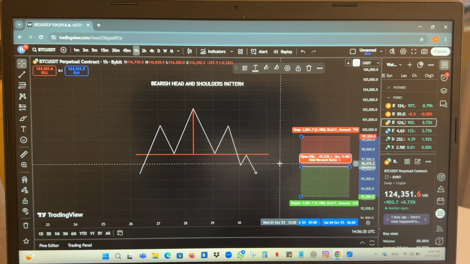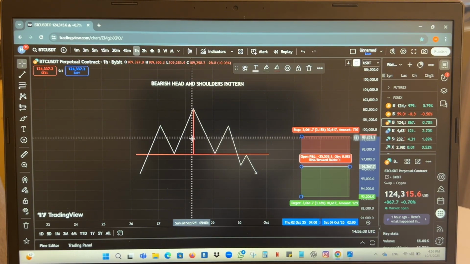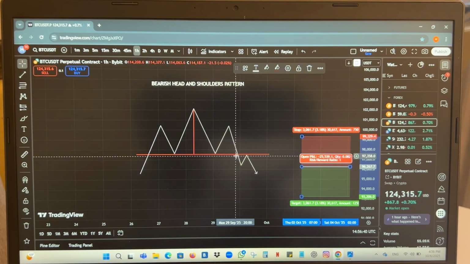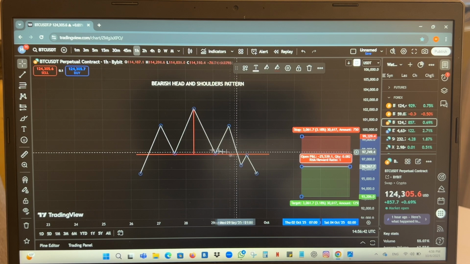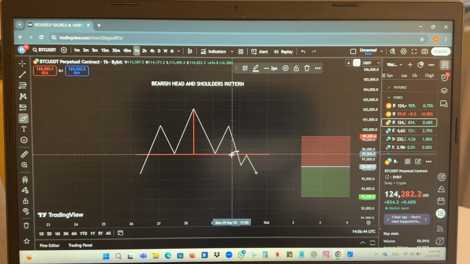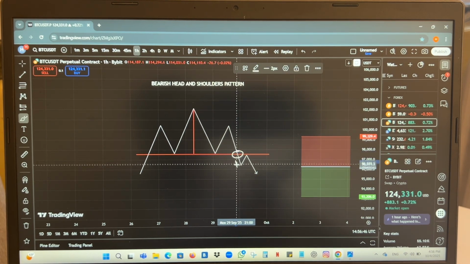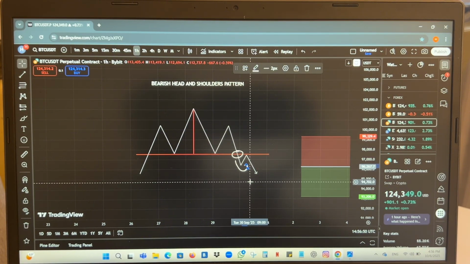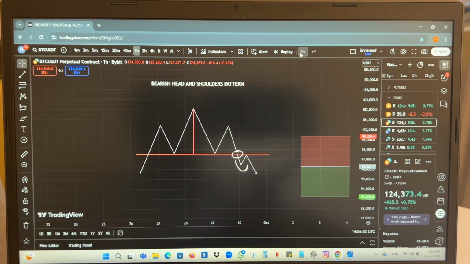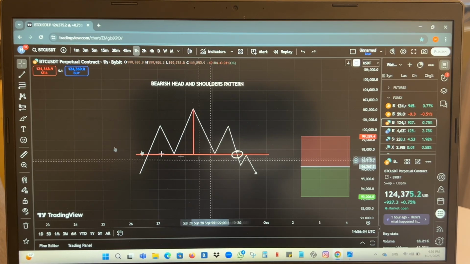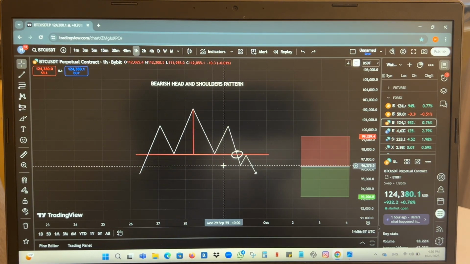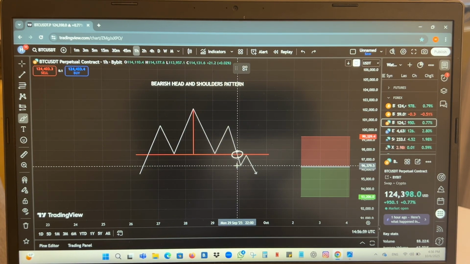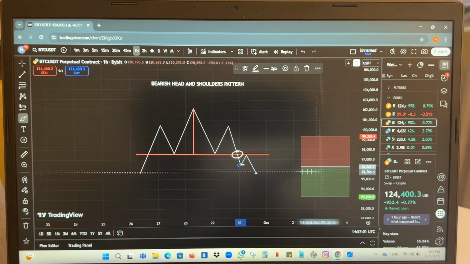Now for the stop loss, we'll always wait for the retest. After it breaks the main trend line from here, you have to wait for the market to shift up, go for its retest, and then only you are going to put your limit orders here, at this point.